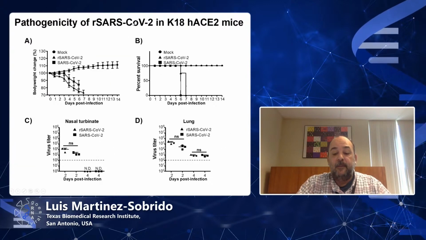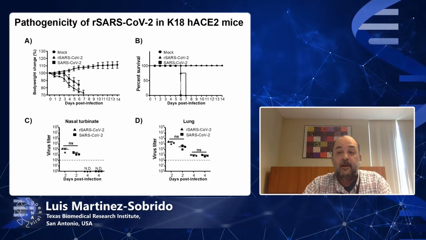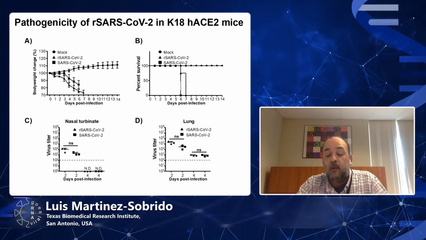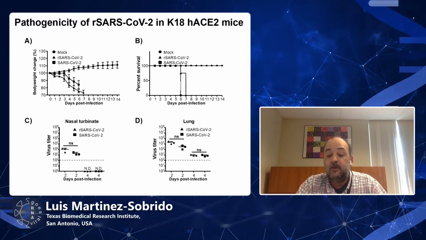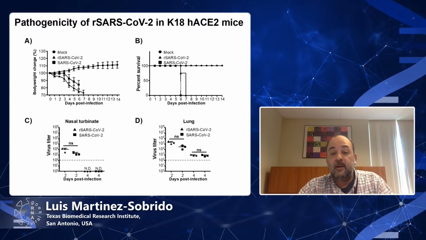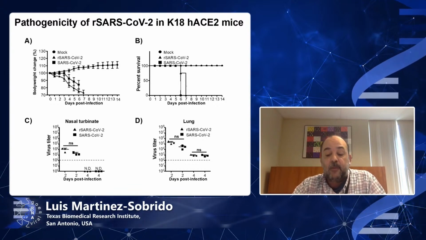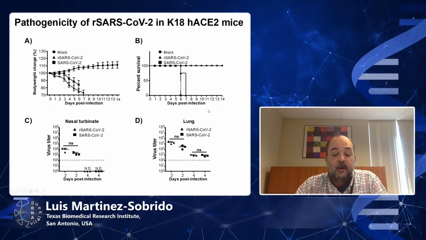And these results in the hamster model were further confirmed with the K18 human ACE2 transgenic mouse model. As you probably know, in this mouse model, animals that get infected with SARS-CoV-2 rapidly lose weight and succumb to viral infection between days 6 and 8 post-infection, with high viral titers in the nasal turbinate and in the lungs.